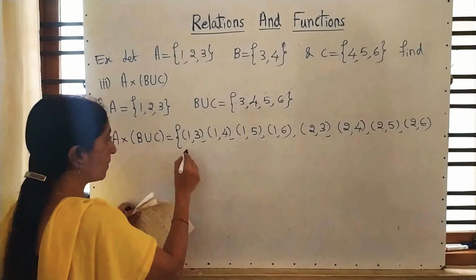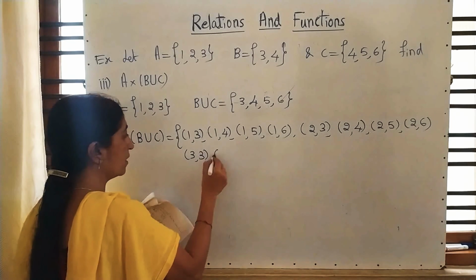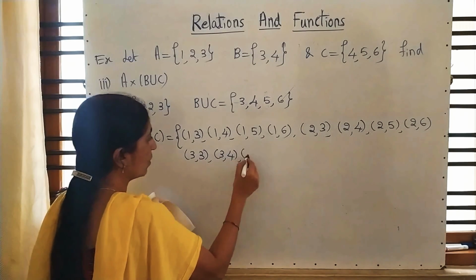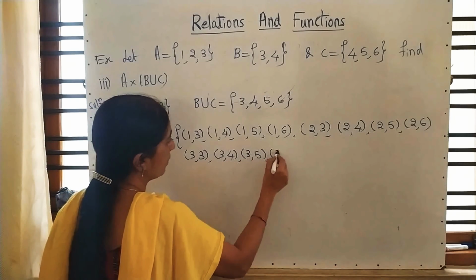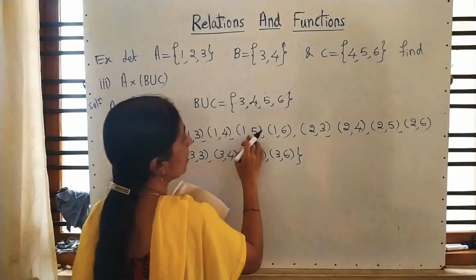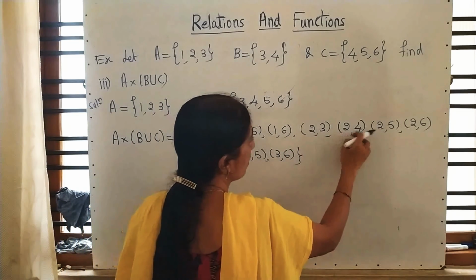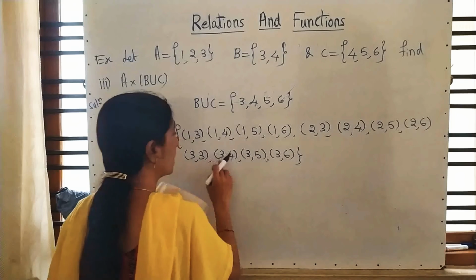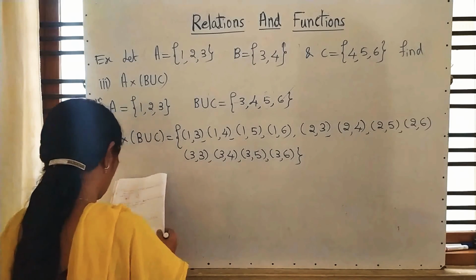Next one is (3,3), (3,4), (3,5), (3,6). Here 1, 2, 3, 4, 5, 6, 7, 8, 9, 10, 11, 12. Yes, your answer is correct or what?